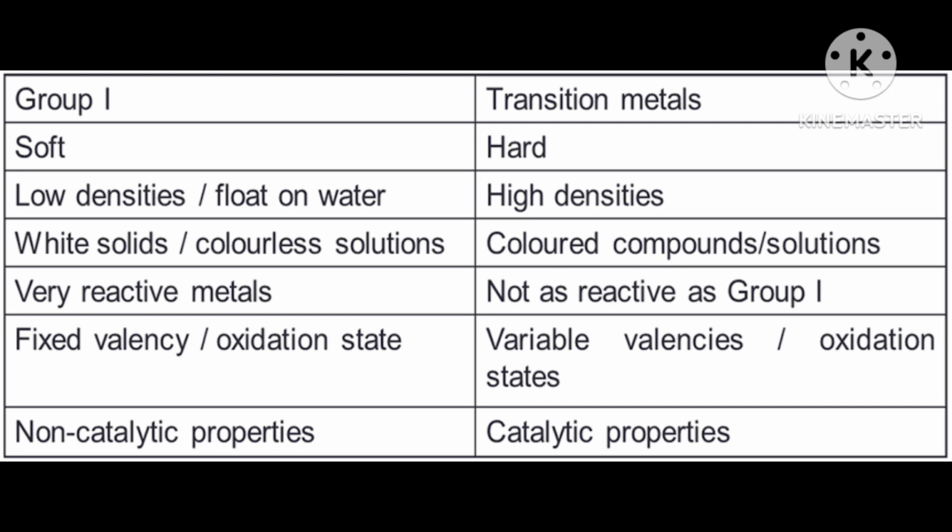Again I am telling you, the metals of the first series, with the exception of copper, are relatively more reactive and are oxidized by H plus. H plus means acid, 1M H plus.